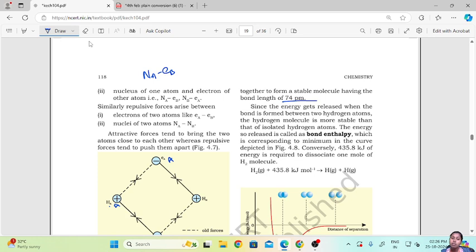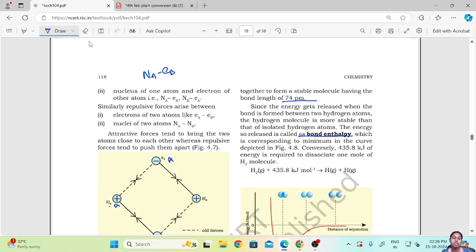So when both of the hydrogen atoms combine and form a bond, energy is released, and this release of energy makes the hydrogen molecule more stable than the isolated hydrogen atoms. The energy so released is called bond enthalpy.